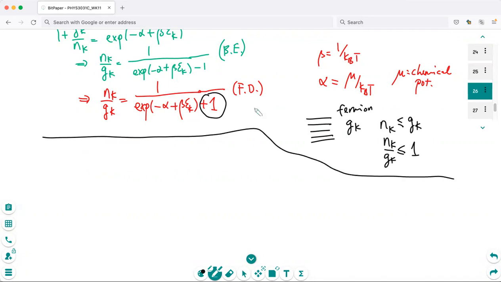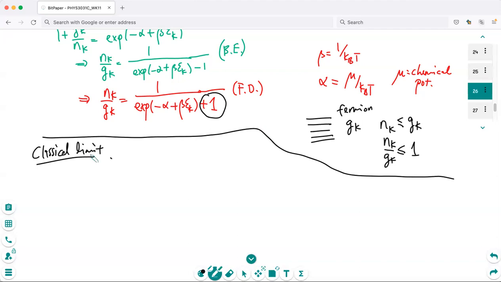So this discussion here. Now, classical limit. What is the classical limit? When we derived the classical limit, we didn't really say anything about fermion or boson. It's not because we don't have fermion or boson.